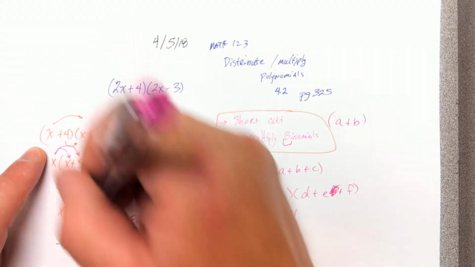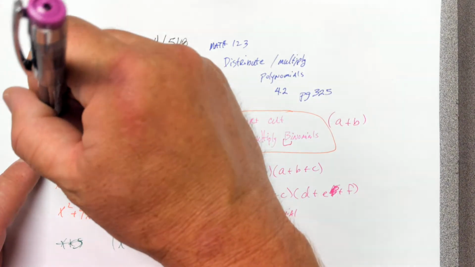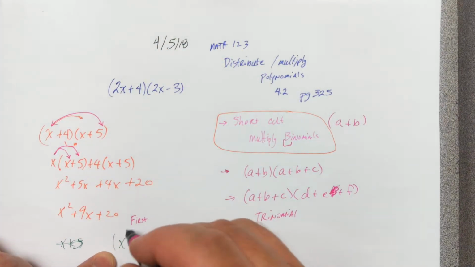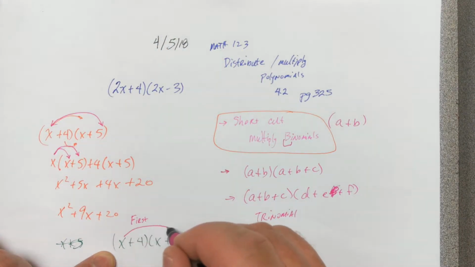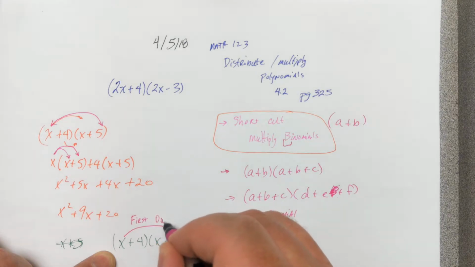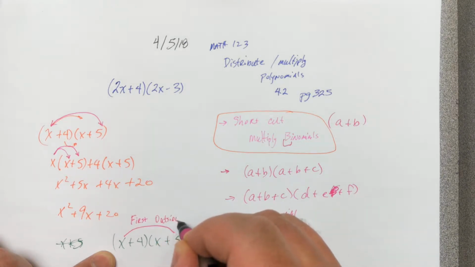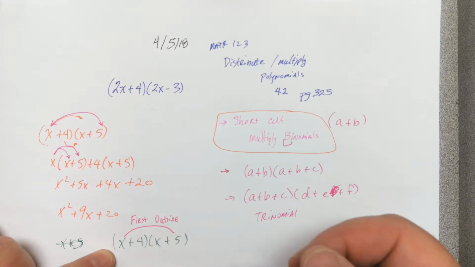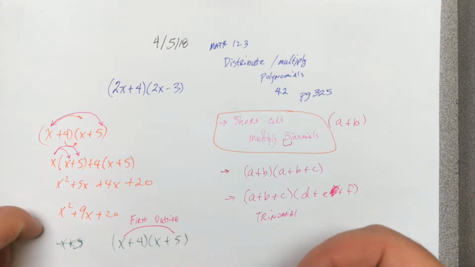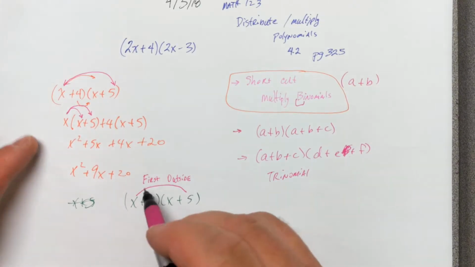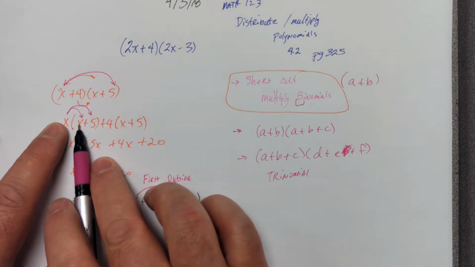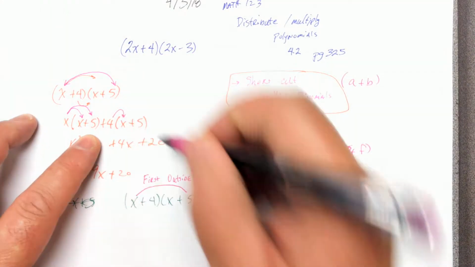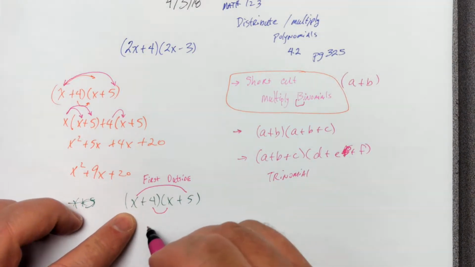That's right here. That's called outside. You remember? That's okay, we'll get it. You'll see. It's going to be easy this time. And then this is first, and this is outside. Now moving on here, these two right here would be inside.